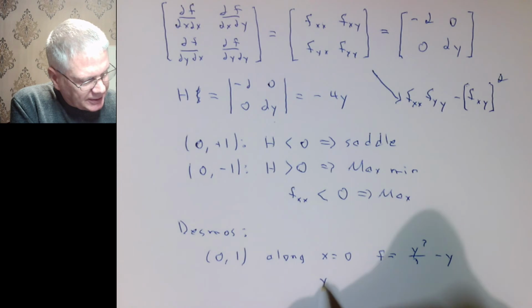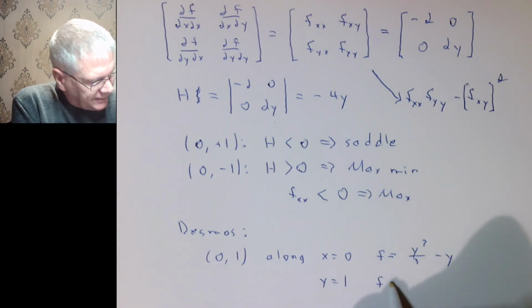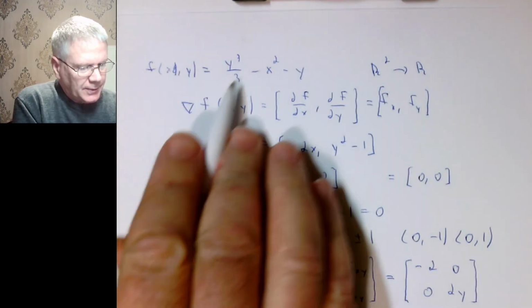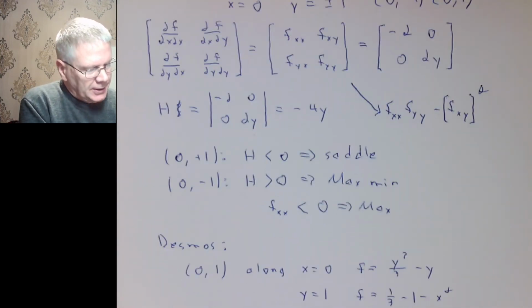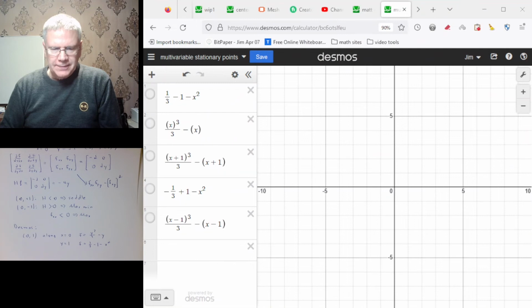And if I go along the direction of y equals 1, I'm going to have f equal to 1/3 minus 1 minus x squared. So I'm going back to the original function. If I put in 0 for x, I get this. And if I put in 1 for y, I get 1/3 minus 1 minus x squared. So I can try to graph those two functions on Desmos. Let's have a look at that.